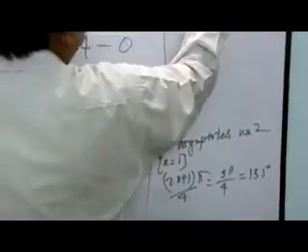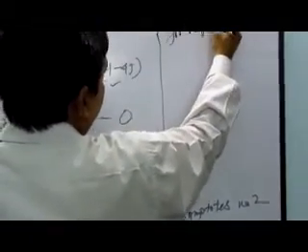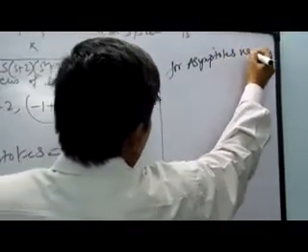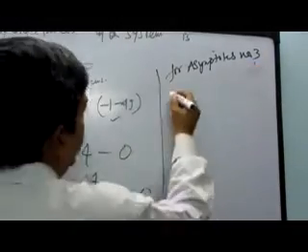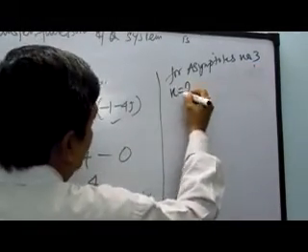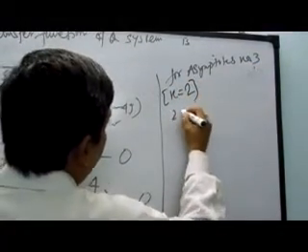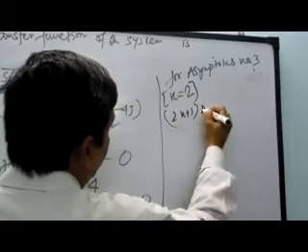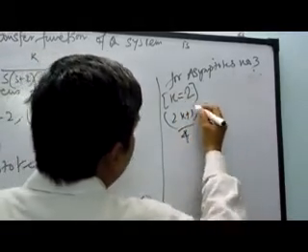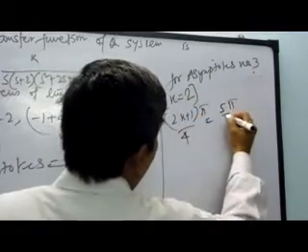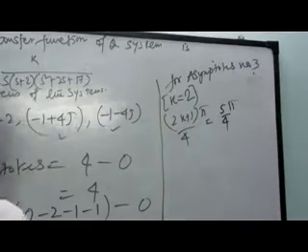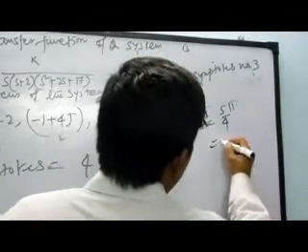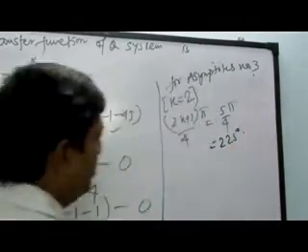For asymptote number 3, k equal to 2 here. Now (2k plus 1) into pi divided by 4, that is equal to 5 pi by 4. 5 pi by 4 means 180 plus 45, that is 225 degree.